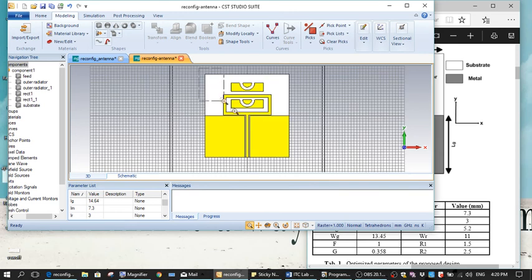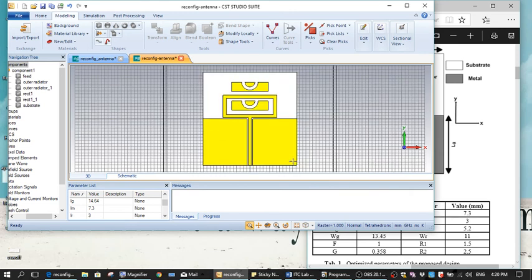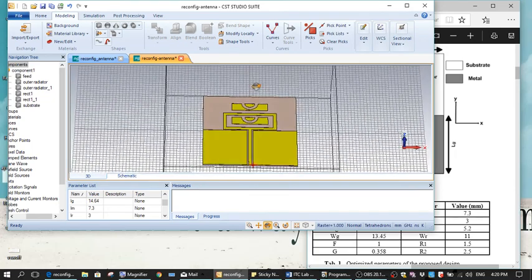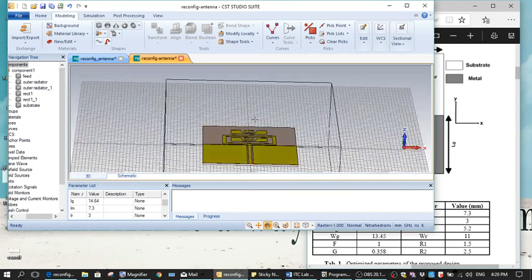Okay, so now we are going to move towards the results, but before that we need to add a feed. We always add a feed. Turn this so that you can see the bottom of your feed right here.